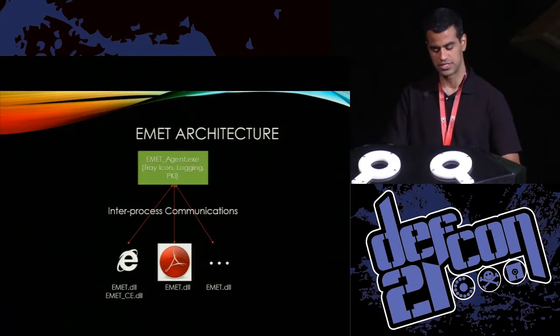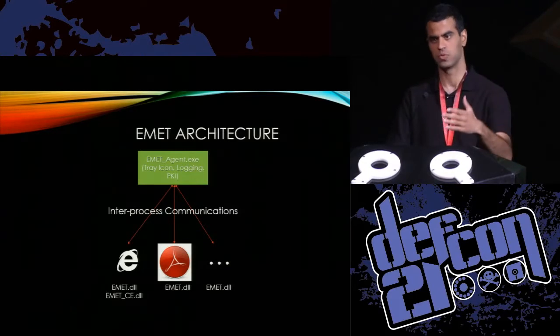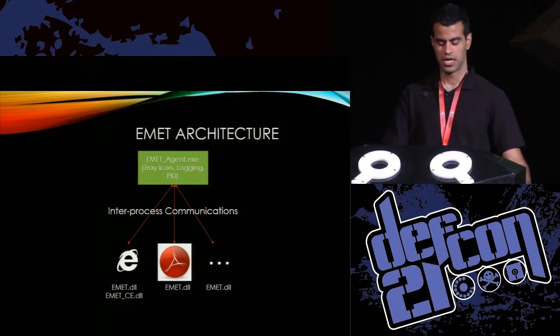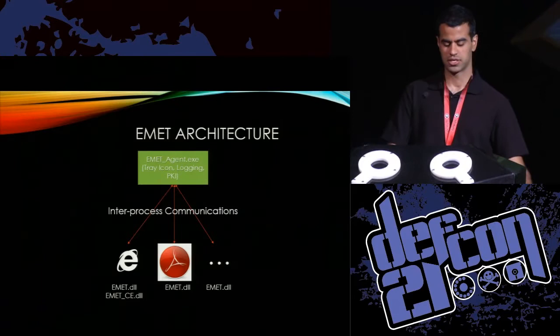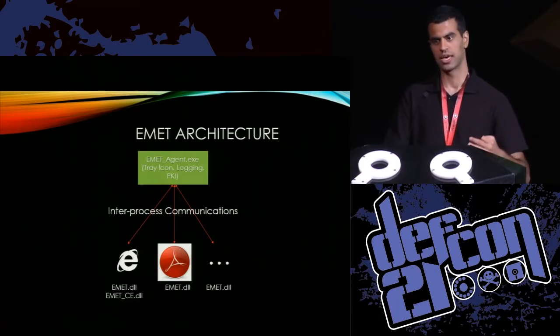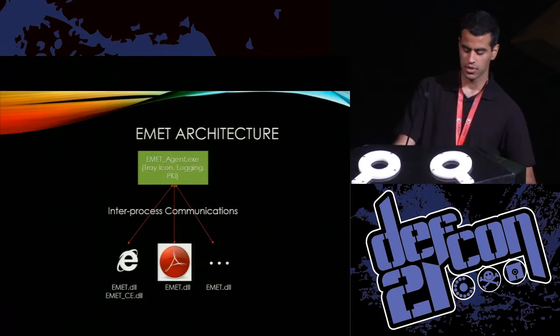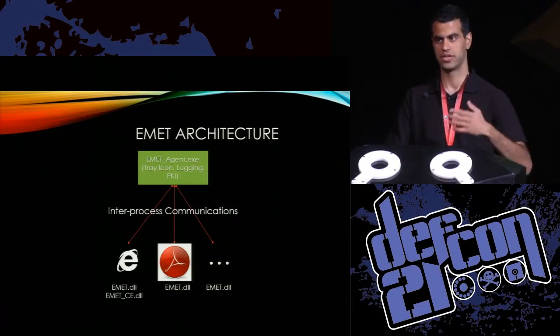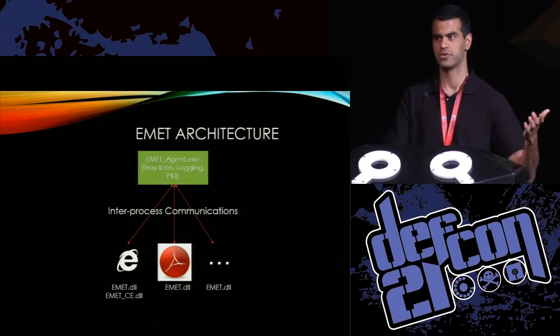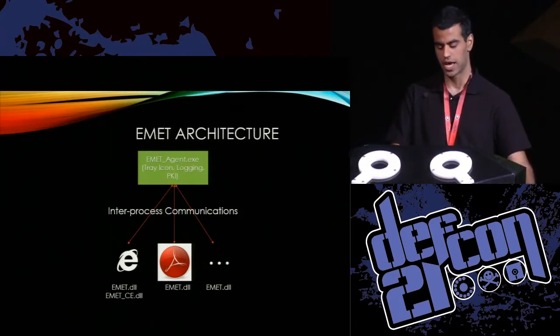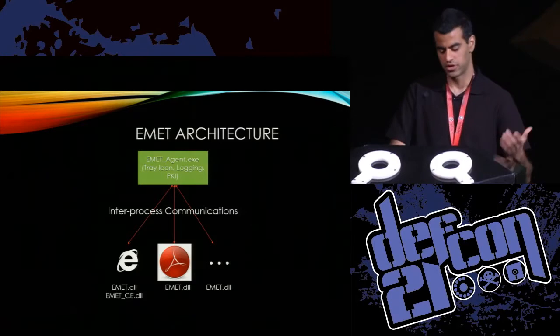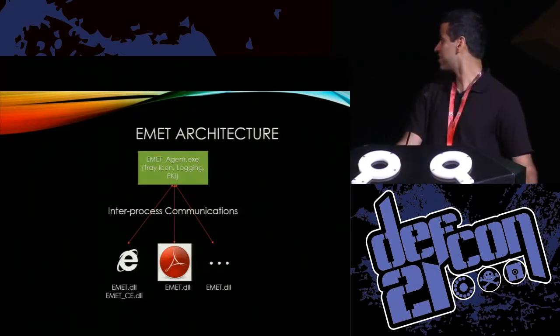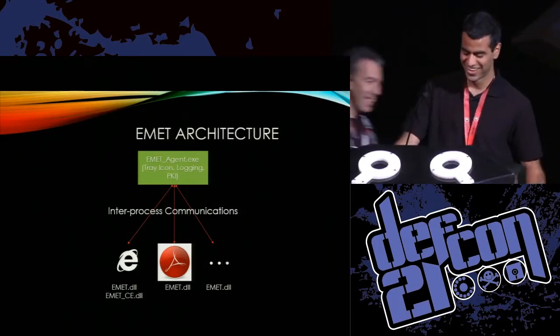And all these DLLs use inter-process communication to communicate with the EMET agent, which you would see running on your machine if you're running EMET. The EMET agent is the one that implements the tray icon and the logging and the PKI logic. The emetce.dll is loaded into browsers or programs that use CAPI, Windows CAPI APIs, crypto APIs.